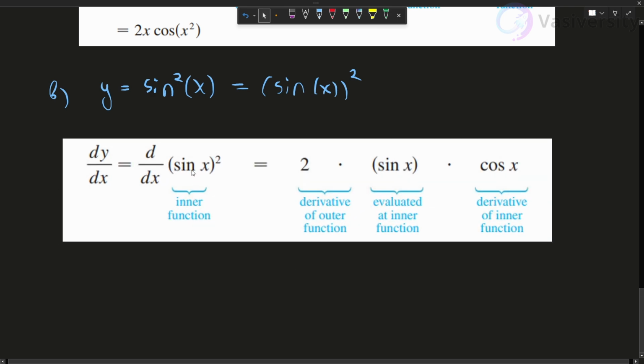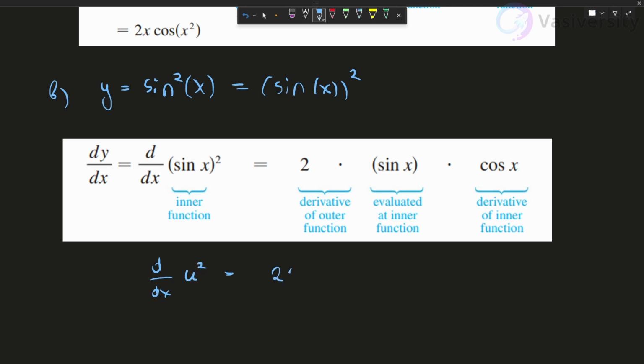The inner function is now sine, and the outer function is the square. The derivative of u squared is 2u, times u prime, so that's equal to 2 sine x times cosine x, where we're assuming that u is equal to sine of x.